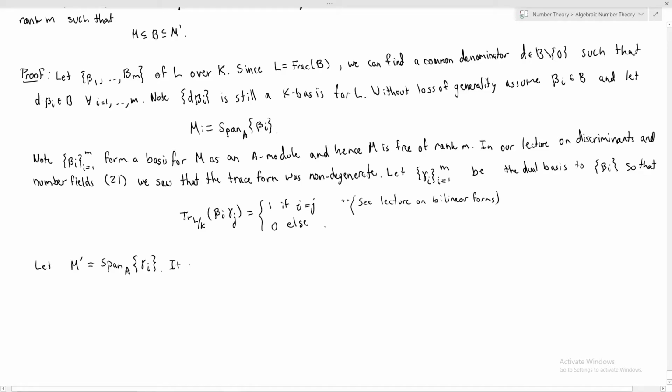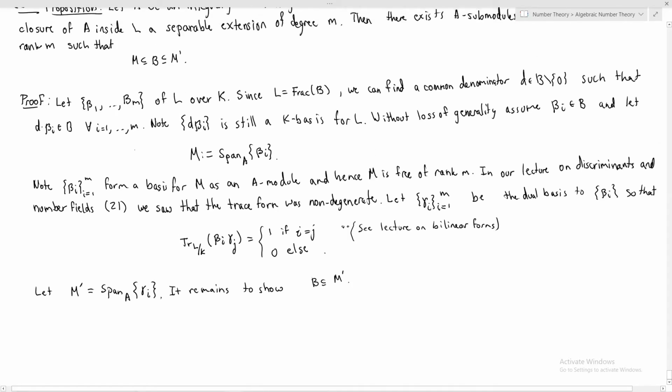It remains to show that B is contained in M prime. Clearly, M is contained in B since each beta sub i is contained in B, and B is an A module.